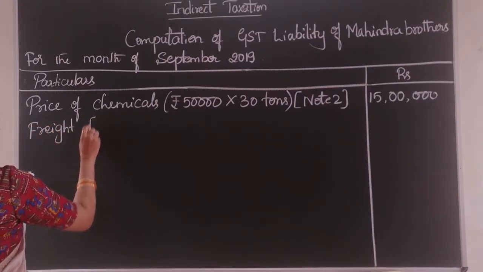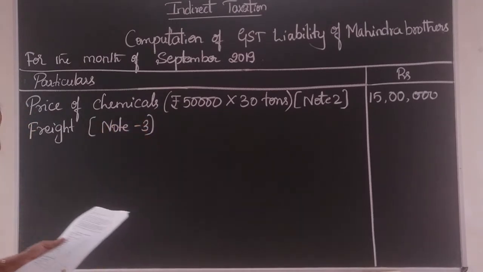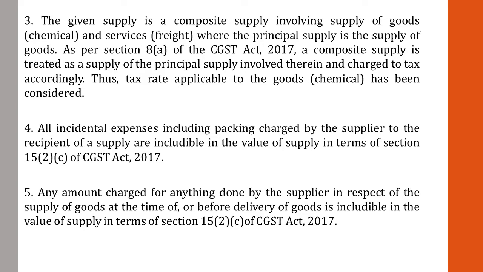Freight charges, you can refer to note 3. Note 3 says that the given supply is a composite supply involving supply of goods, that is chemical, and service, that is freight, where the principal supply is the supply of goods, that means the main supply is the supply of goods, that is chemicals.